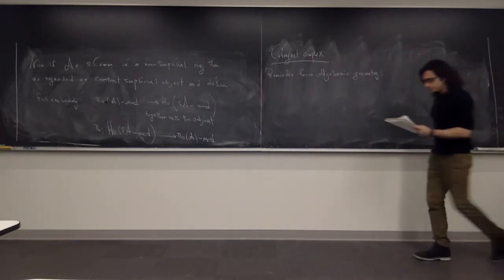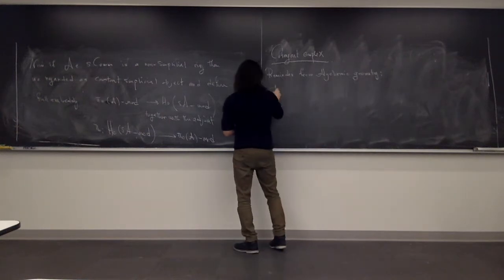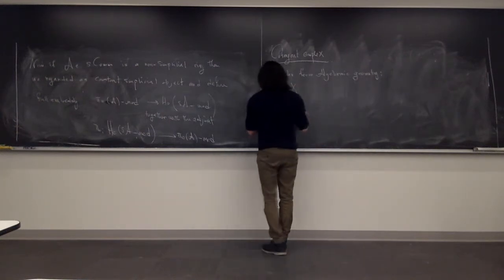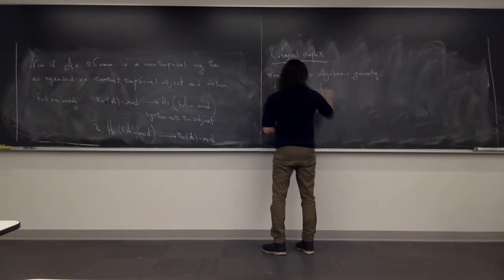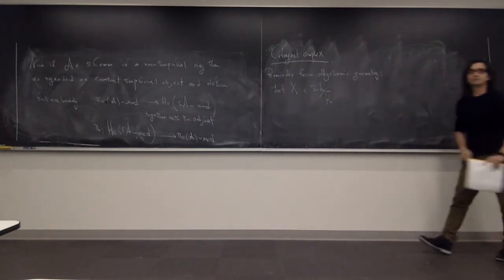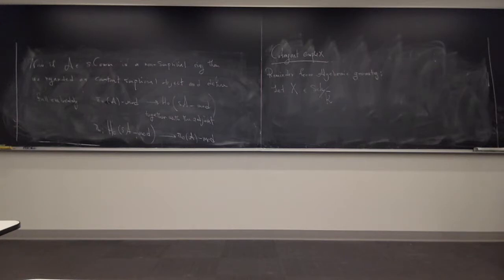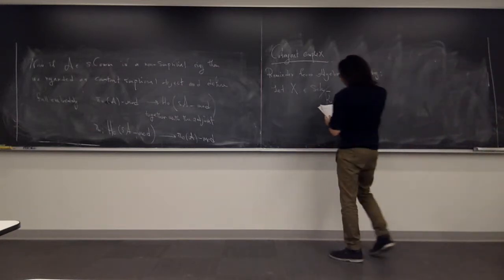So consider that X belongs to the category of schemes over some algebraically closed field of characteristic zero. So X is a k-scheme.